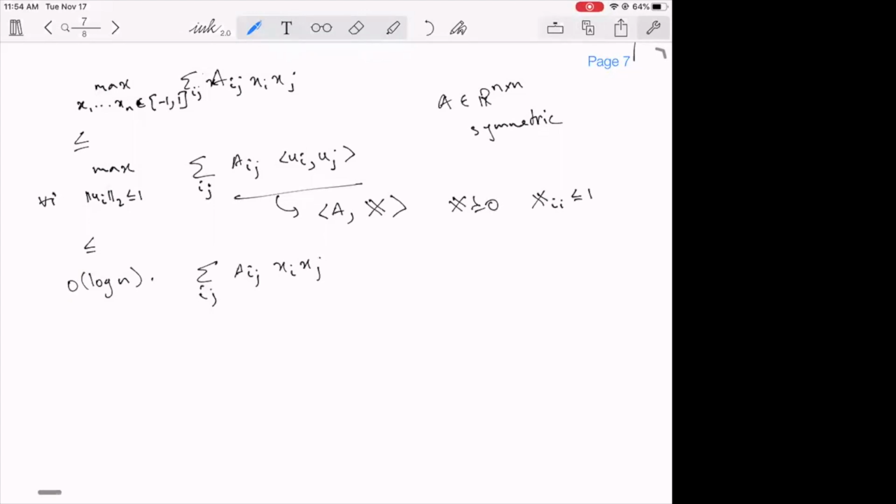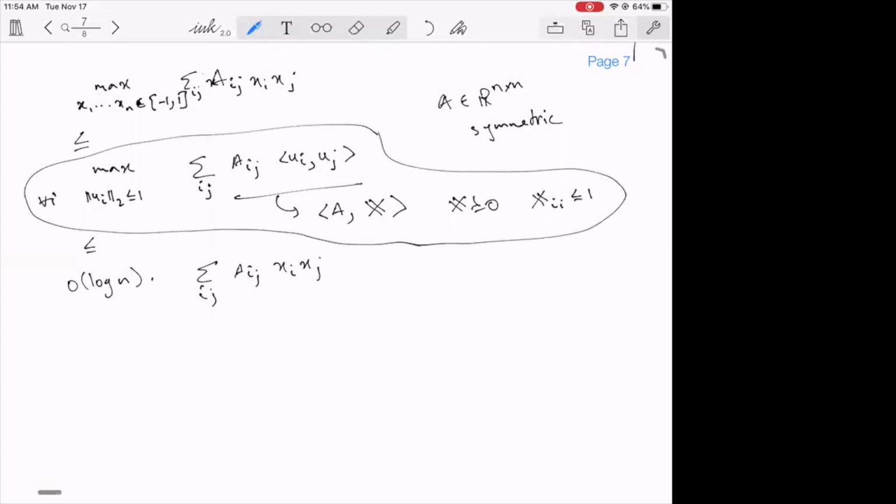So another way of writing this program is you maximize over PSD matrices X with diagonal entries at most 1, A inner product X. Right.